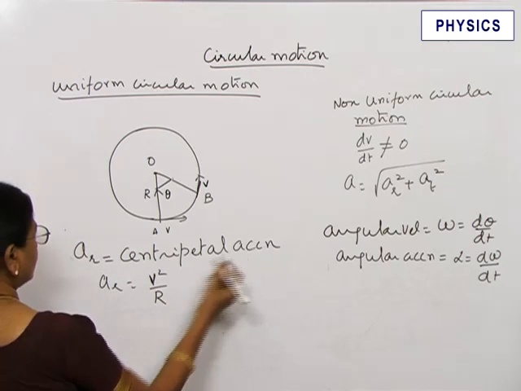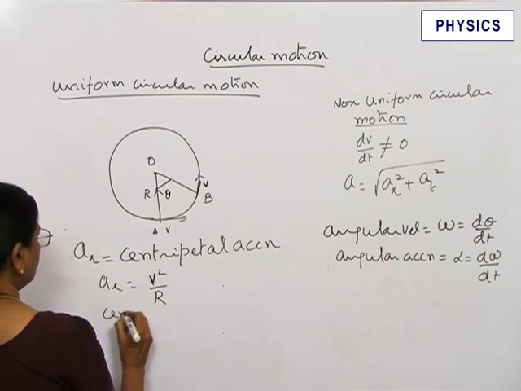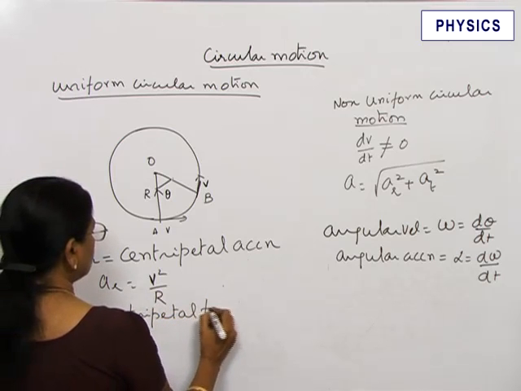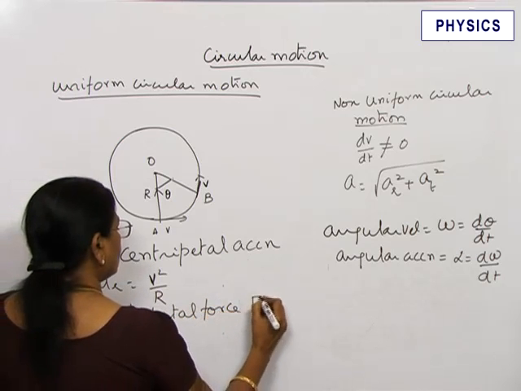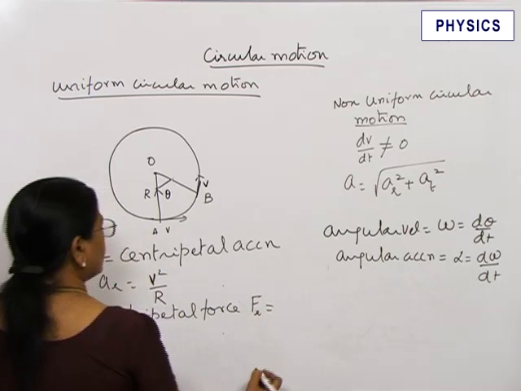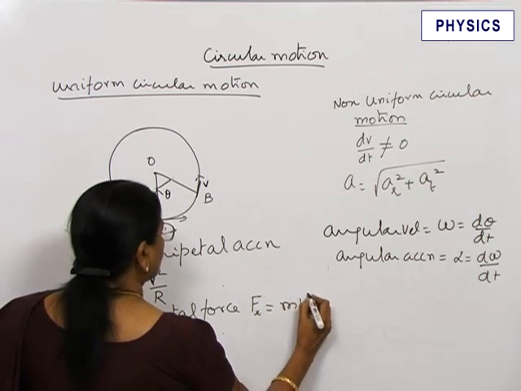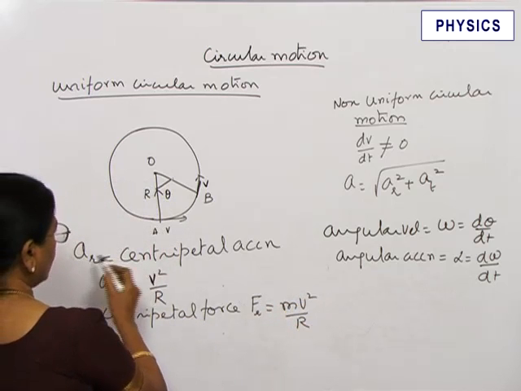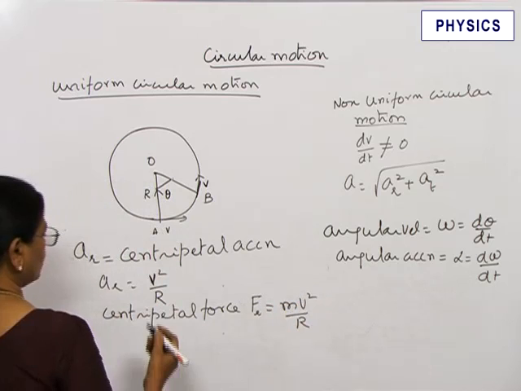Because there is a centripetal acceleration, there will be a centripetal force on the particle, otherwise it cannot describe the circle. F_r is equal to mv squared by r. So centripetal acceleration and centripetal force.